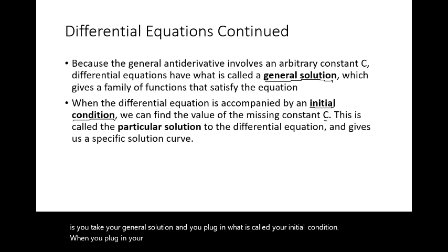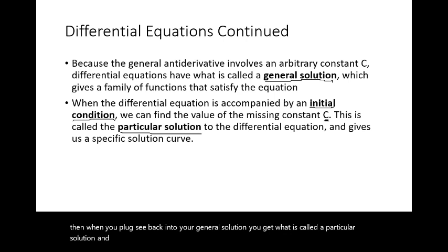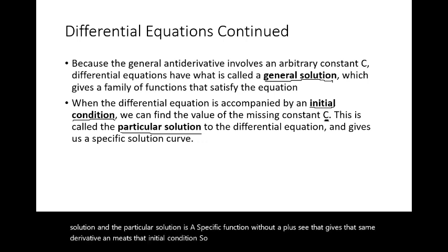That will allow you to solve the equation for c. Then when you plug c back into your general solution, you get what is called a particular solution. The particular solution is a specific function without a plus c that gives that same derivative and meets that initial condition. So the particular solution is just one function, not a family of functions.